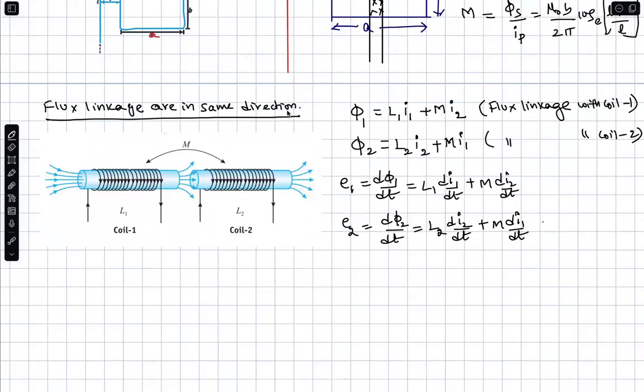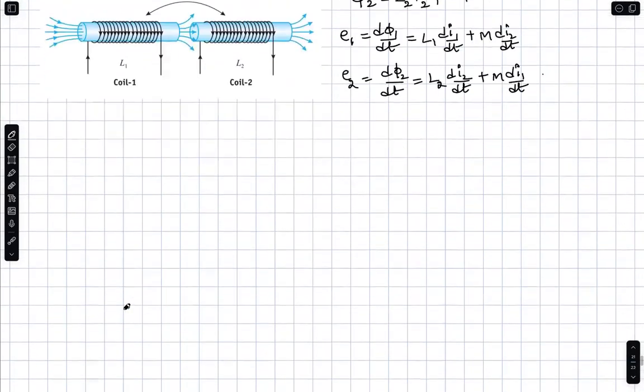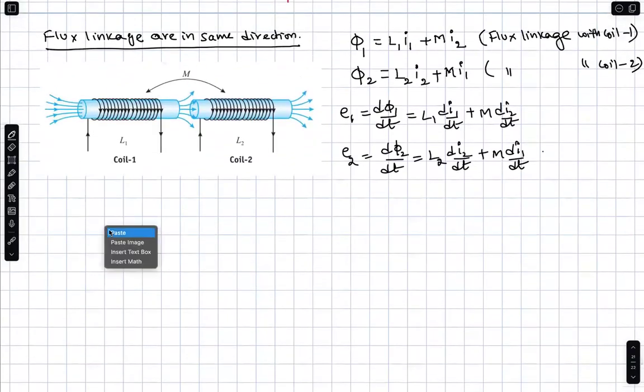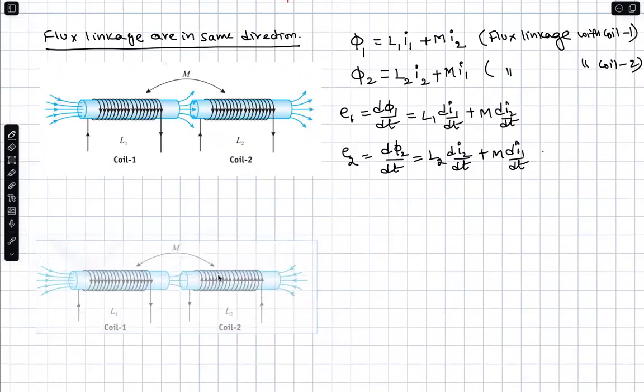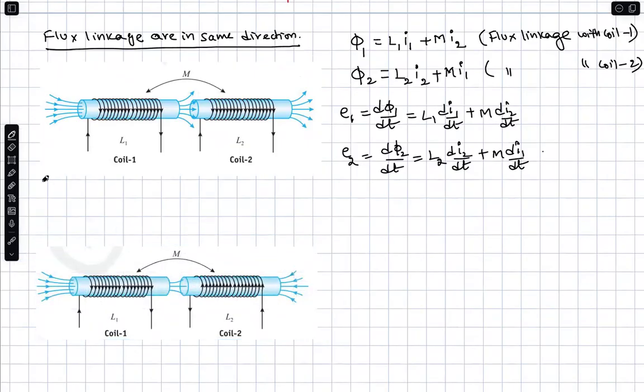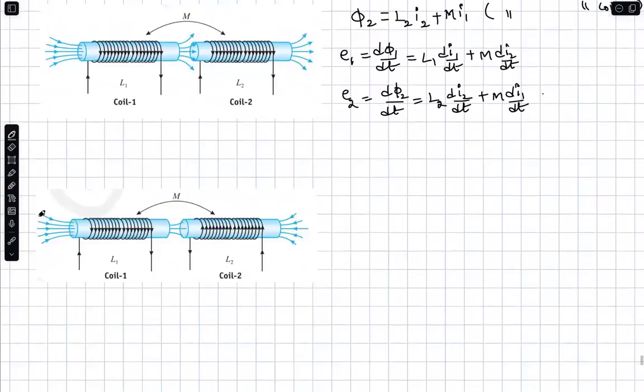What if the flux linkages are in opposite direction? I'll just show you another situation where flux linkages are in opposite direction. In this, you can see inward, outward, inward, outward.